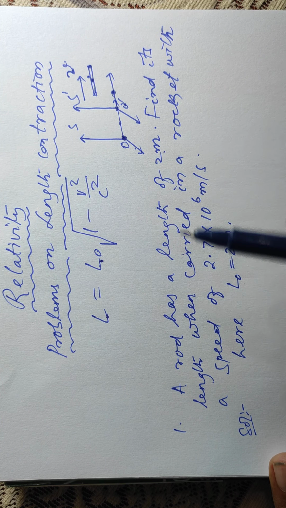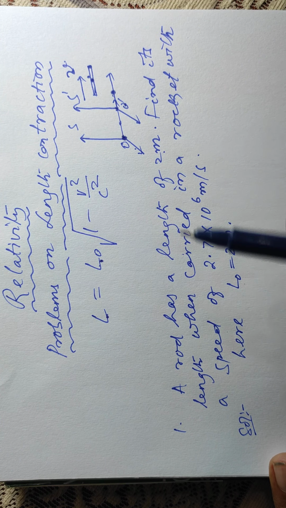So we know the formula, L is equal to L0 into root over 1 minus V square by C square. Put the values simply. L0 is equal to 2 into root over 1 minus V by C whole square, 2.7 into 10 to the power 8 by the velocity of light, 3 into 10 to the power 8. Clear?